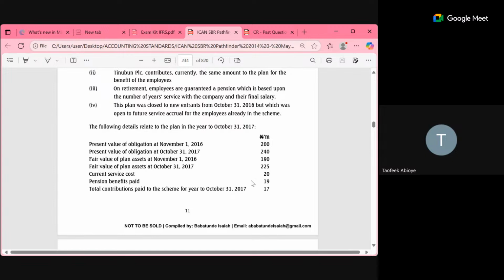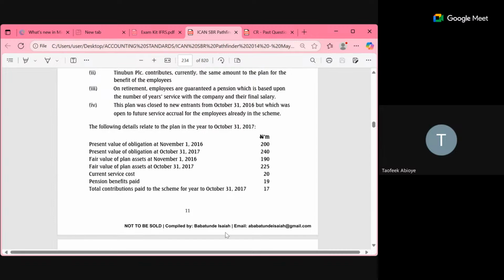Now, pension benefit paid. This is the benefit that is payable to an employee that has retired. It will reduce both our defined benefit obligation and defined benefit asset. Now, contribution paid to the scheme is your contribution paid to the pension, which will increase your fair value of plan asset.